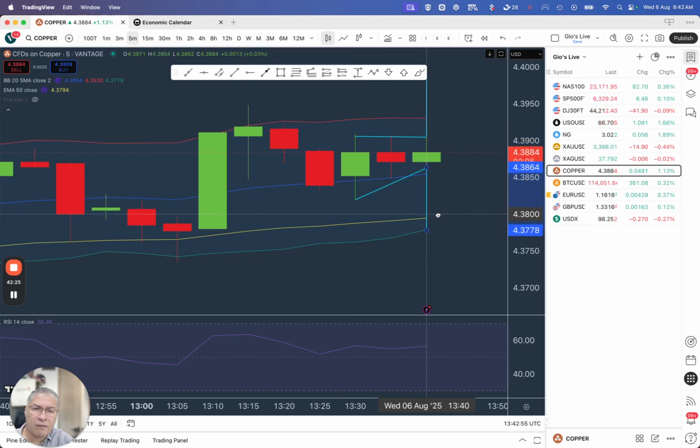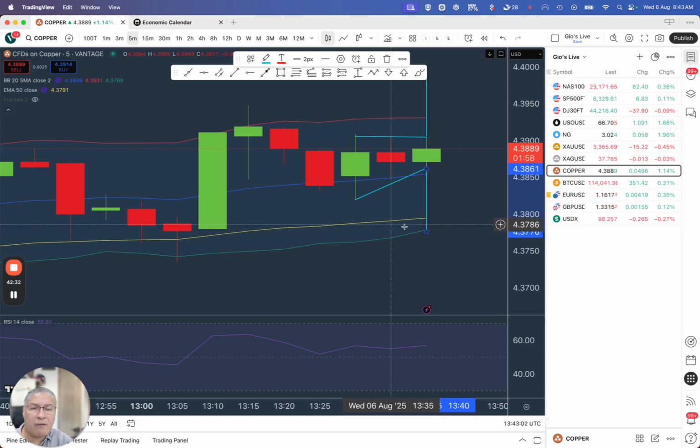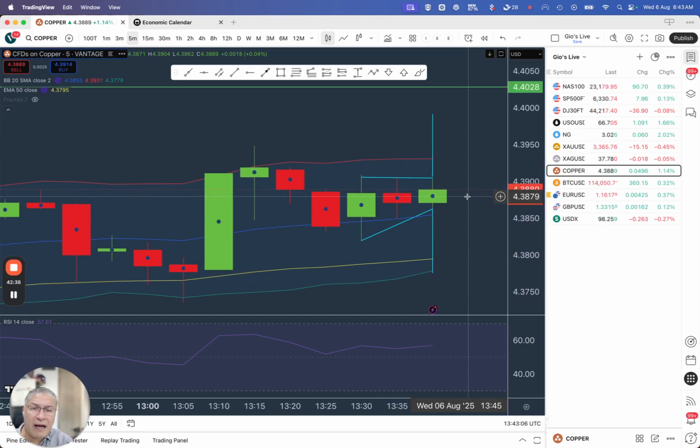If it goes down, targets will be the 50-day moving average or the lower Bollinger Band, and if it breaks out, then 440 initially, the previous swing high. So let's see what will happen when we time this up right here.